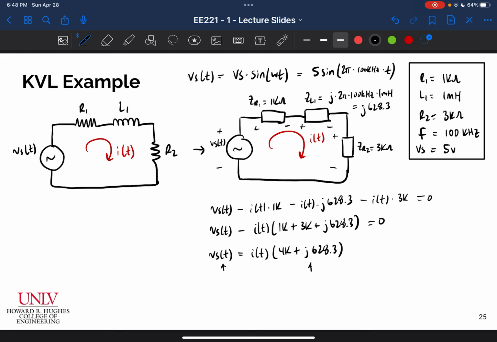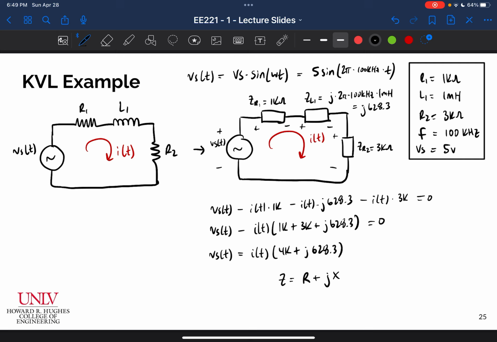Okay? And so now all I have to do to find I of t is divide Vs of t by this complex value here. This is my series impedance, right? I talked about how impedance is basically the real part, which is the resistance, plus J times the reactance in my circuit.